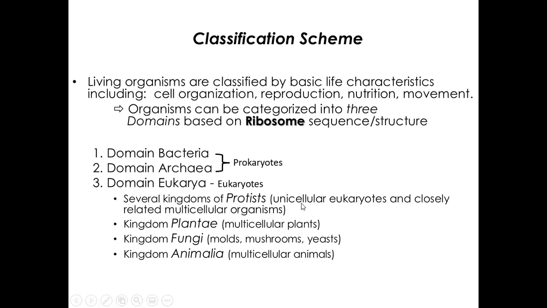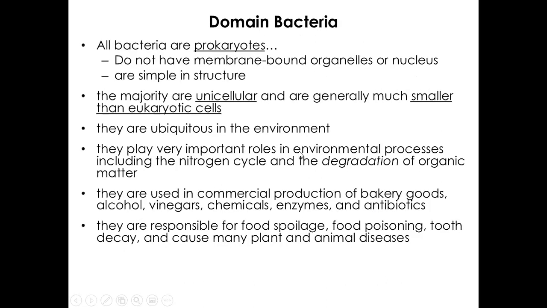These are usually single-celled or closely related to multicellular organisms. But we will talk in detail about all these. And what we're going to focus on this lecture is mostly simple organisms or single-celled organisms or simple multicellular organisms, okay? So let's talk about bacteria.